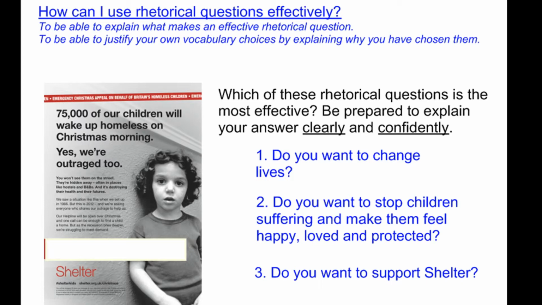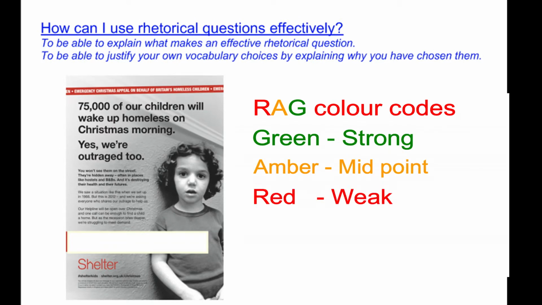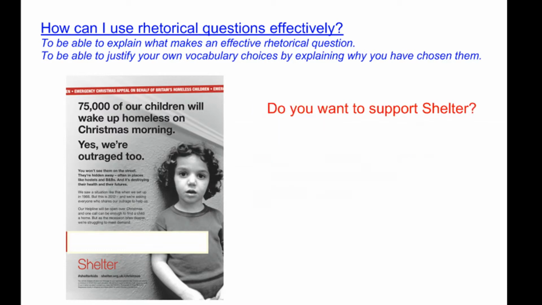Now I've color coded them. I've done a RAG color coding, a red, an amber, a green, where green would be the most effective, amber would be in the middle, and red would be the weakest. So the weakest one is, do you want to support Shelter? And that is a yes or no answer really.